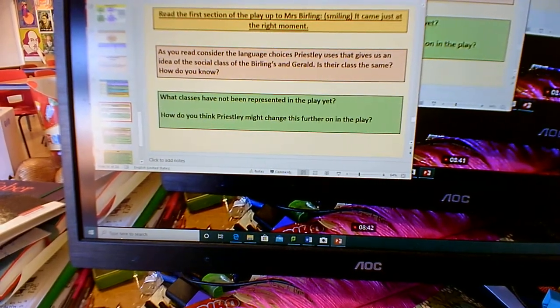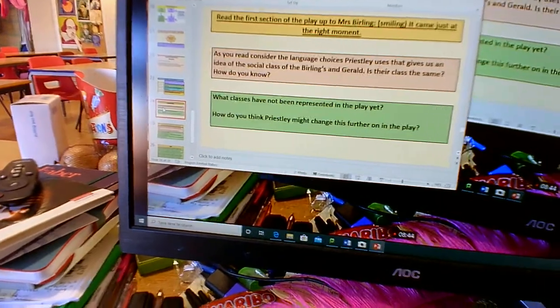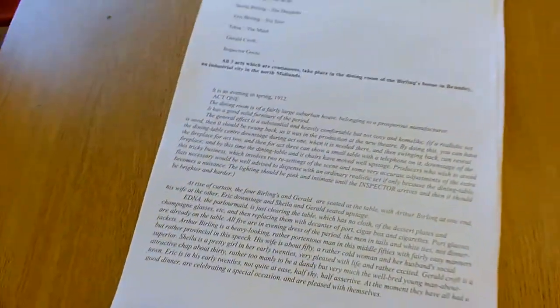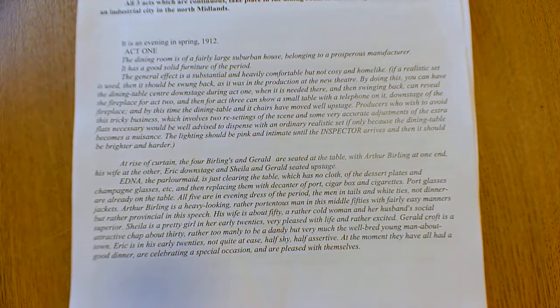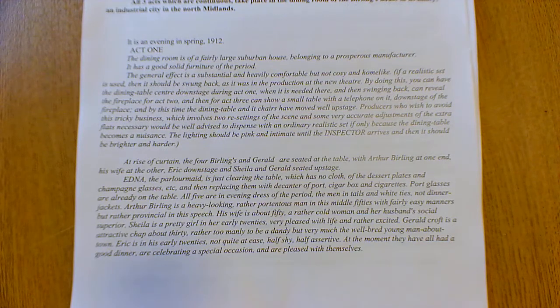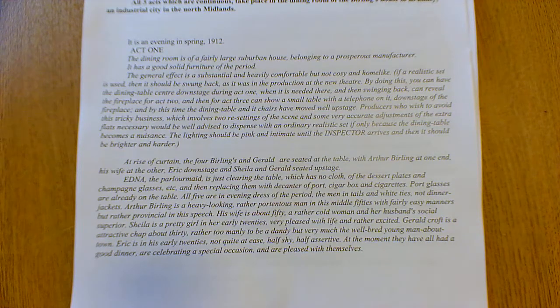So I'm going to attempt to move this visualizer now to my copy of An Inspector Calls. So if it goes a bit wibbly for a minute, you'll just have to put up with that. So what I'm going to do in these videos is I've printed out a copy of the play. If you don't have a copy on you, you should have a copy linked to you, a Word document on Office 365.